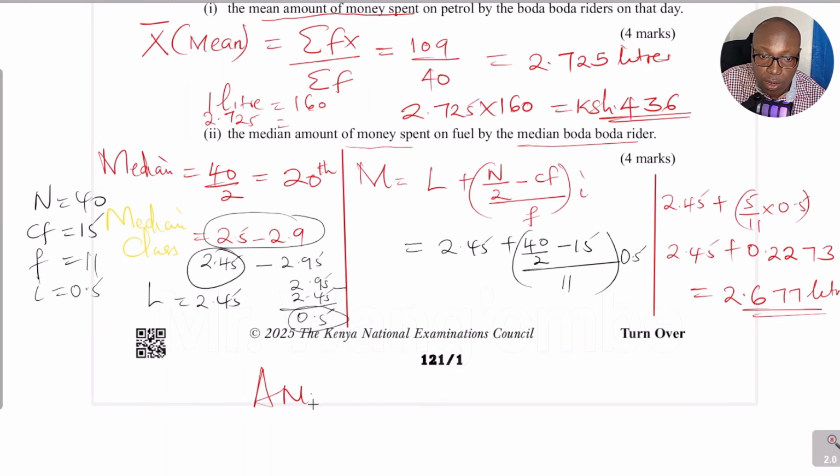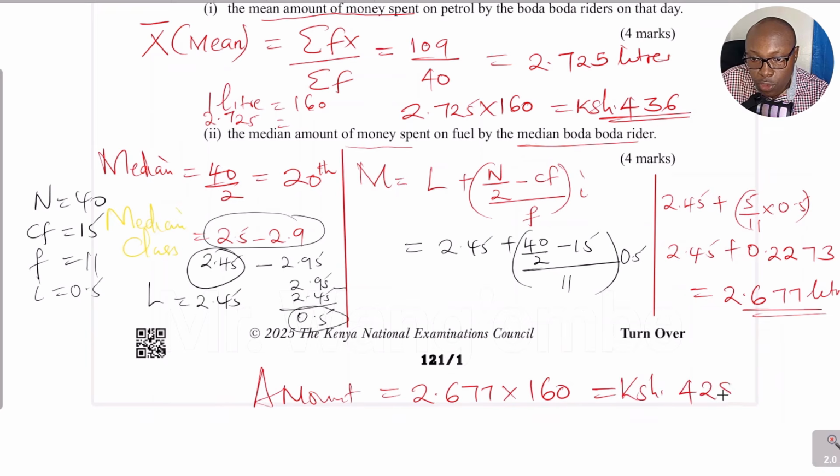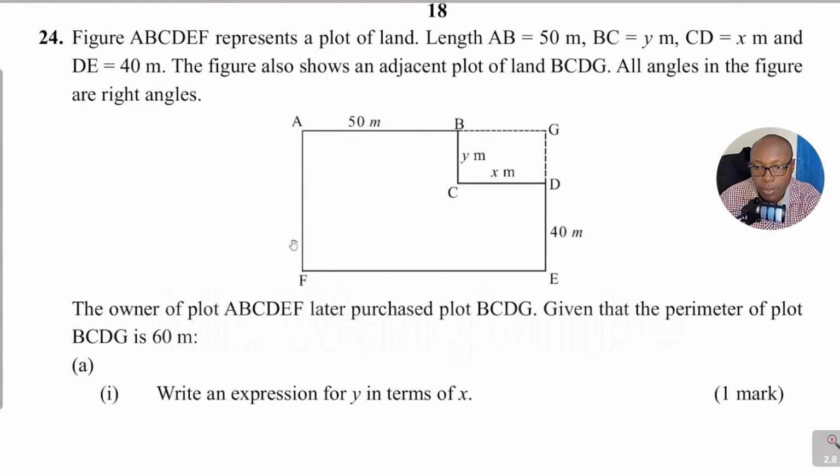Because 1 liter costs 160, what about 2.677? You multiply that by 160, and this gives 428 shillings and 36 cents. That is how you're supposed to solve that question.